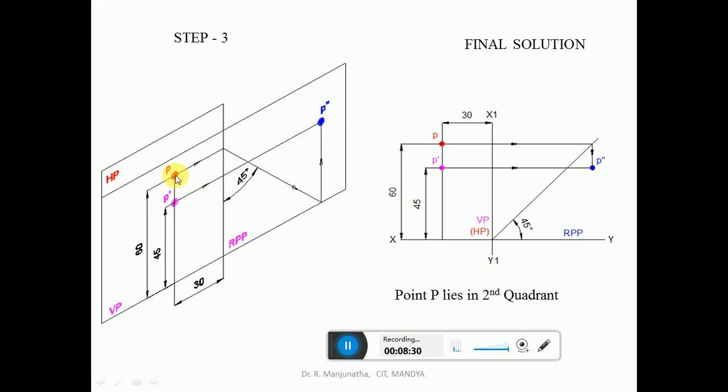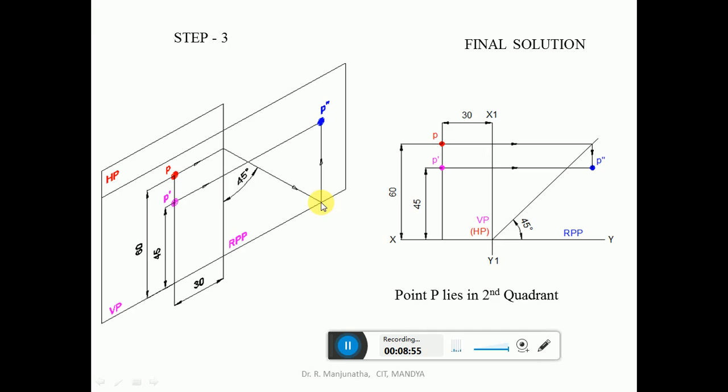So the distance with respect to VP, that is the top view. The distance behind VP, which is this distance which was vertical, has to be transferred into horizontal. So how? Draw a 45-degree line to this vertical line. So that has been projected here, comes to this point.